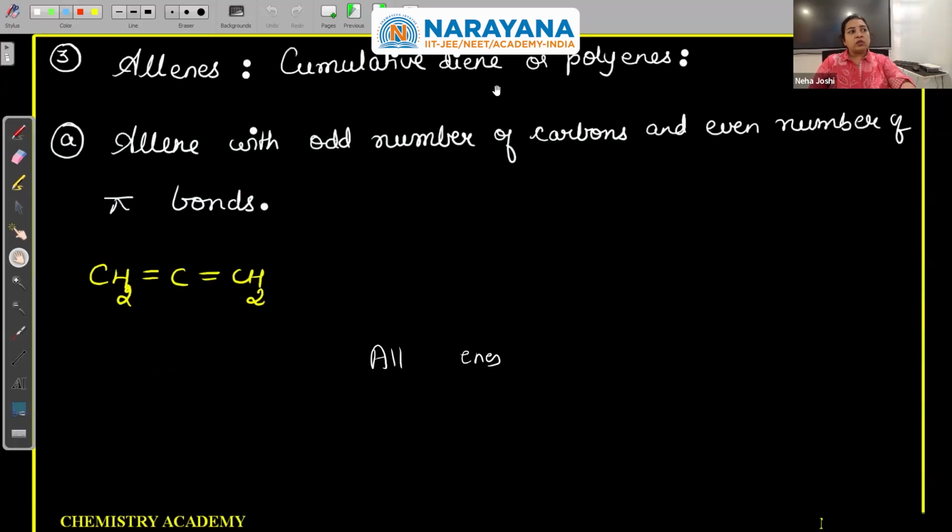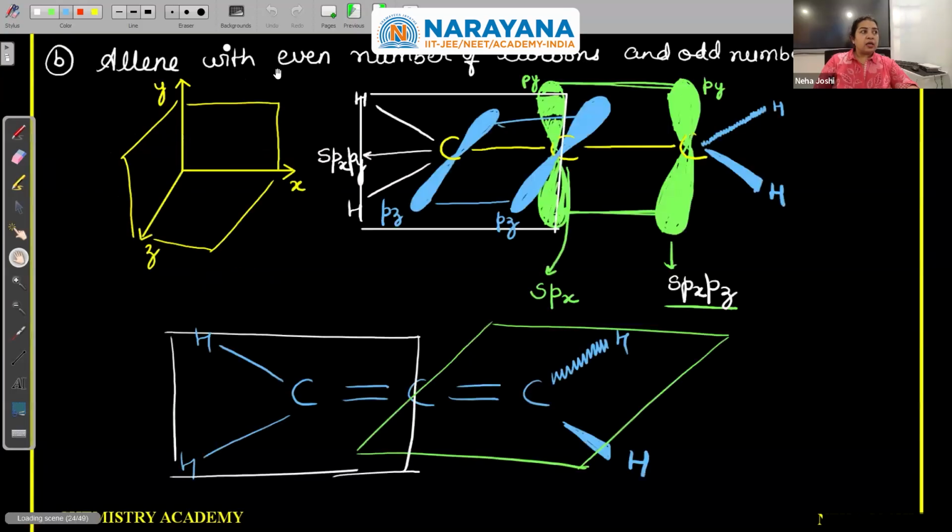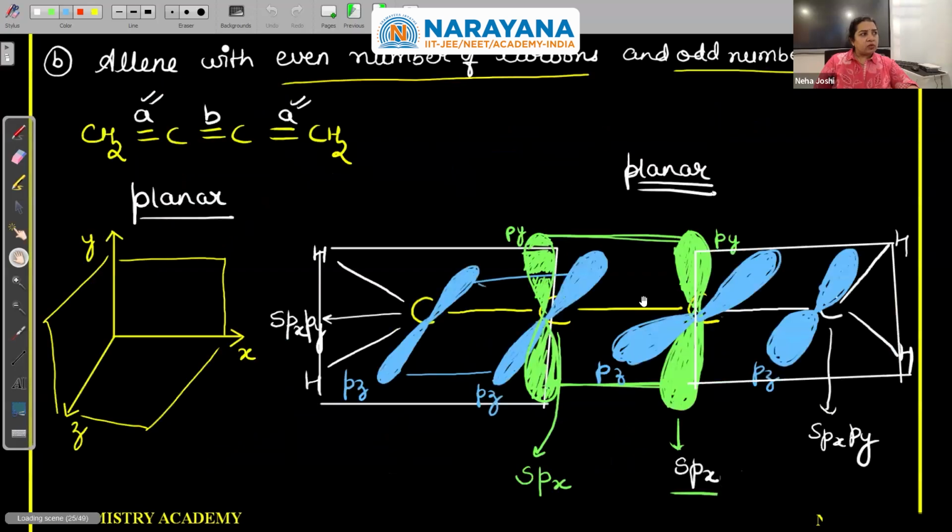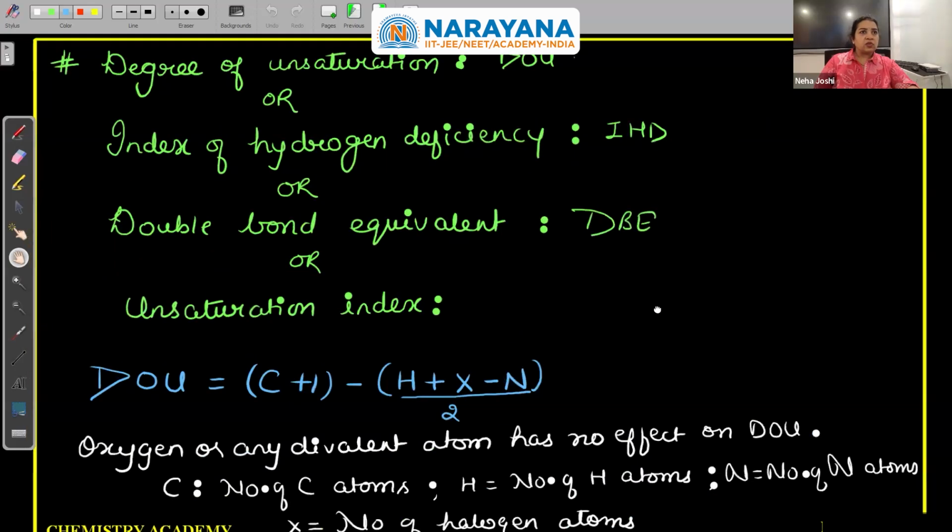Now, what is a cumulative diene or polyene? Allenes. The word is derived from 'all enes': when all the bonds are enes, it is called an allene. This is the geometry.